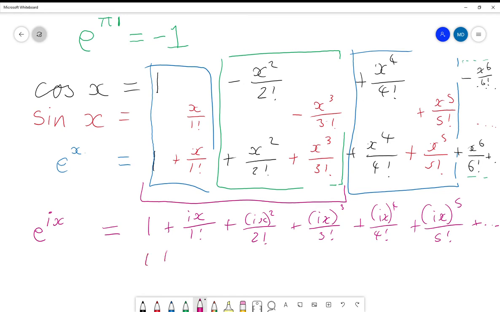Which is then 1 plus, well, ix over 1 factorial, that's fine, plus i squared x squared over 2 factorial, plus i cubed x cubed over 3 factorial, plus i to the power of 4 x to the power of 4 over 4 factorial, plus i to the 5 x to the 5 over 5 factorial.